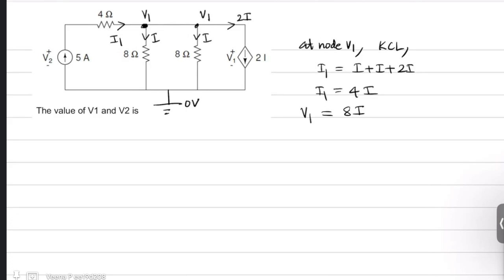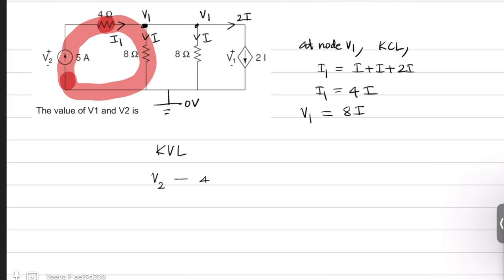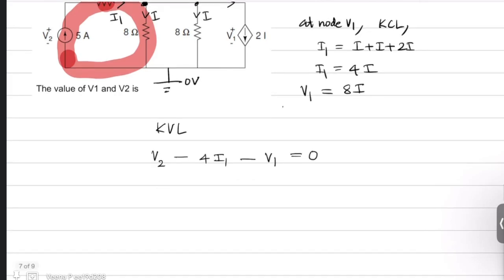So if we apply Kirchhoff's voltage law in the loop, say let us take this loop, then I can write V2 minus 4I1 minus V1 is equal to 0. Now I1 is already known.